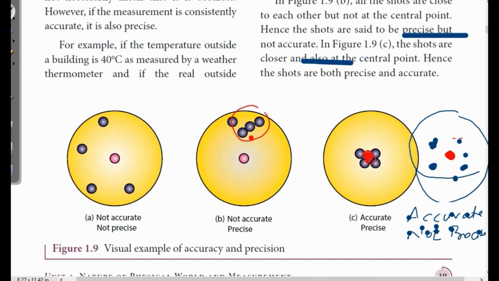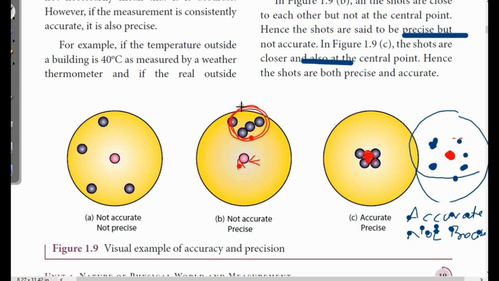He shoots consistently in one region, and only when he shoots around this area, or exactly within this area, is it accurate.